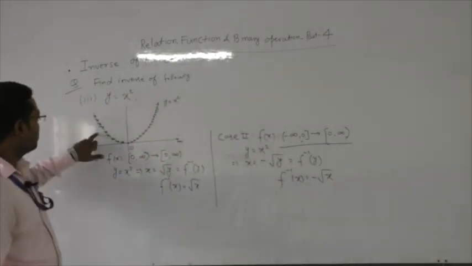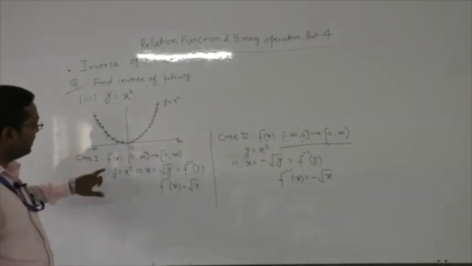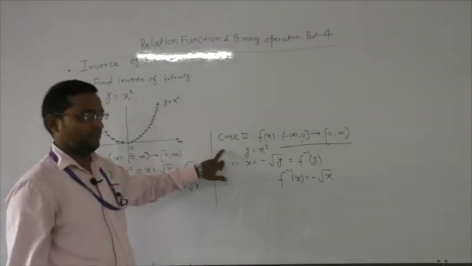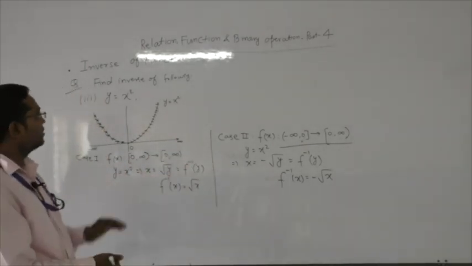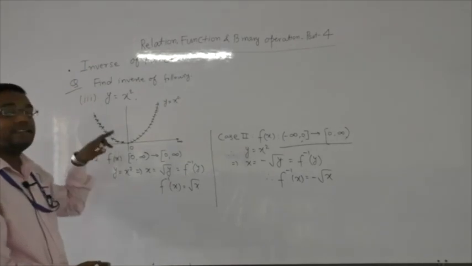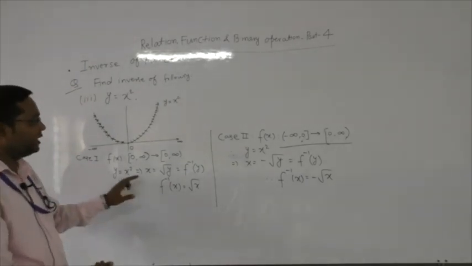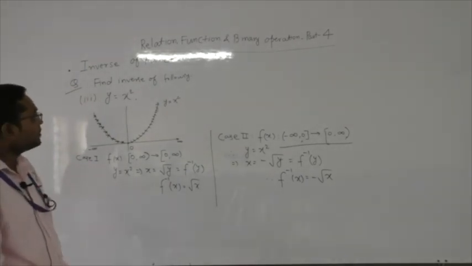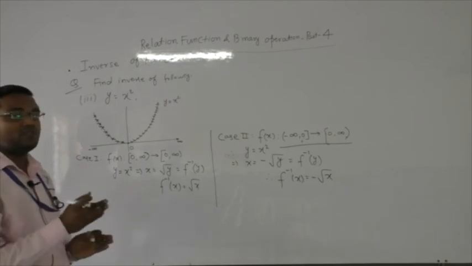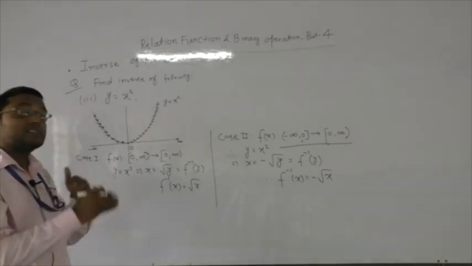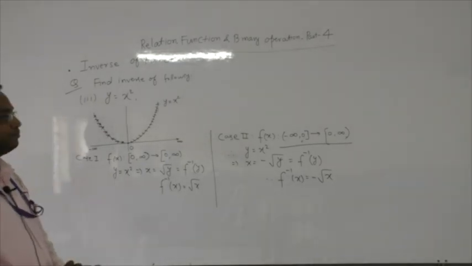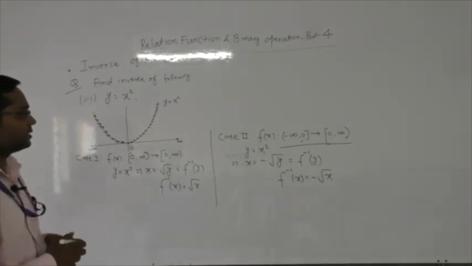So the inverse of this function we can define either this or this. By putting some constraint on the function, we can define the inverse of a function. That is very important. That is how we find the inverse of any function, with the constraint on domain and range.